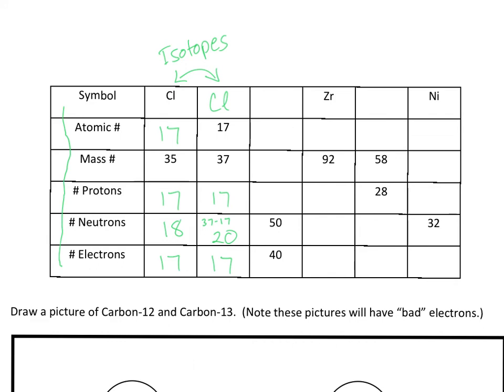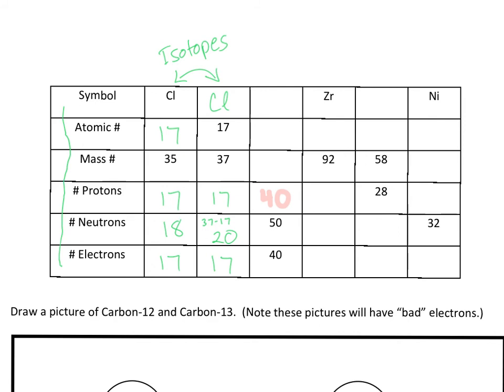Okay, so this next column right here, and I'll change my color. This next column right here, it gives me some different information. I've got number of electrons and number of neutrons. Well, there's not much I can do with the neutrons without finding the protons. So if I have 40 electrons, what does that tell me? Well, in an uncharged atom, I know that if I have 40 electrons, I have 40 protons.